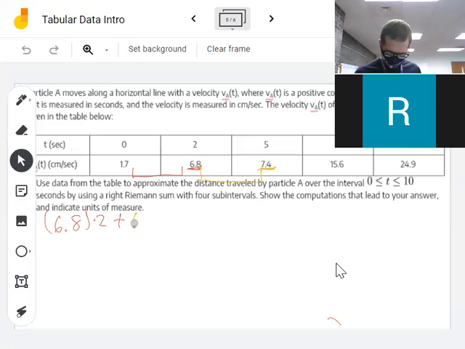So we'll do 7.4 times the width of the interval, which is 3. Good. Again, I make that mistake still sometimes. So I want to make sure I emphasize that, because if I make the mistake, like you all probably won't because you're all more competent than I am, but just in case you're right where I am, I want to make sure I point it out.